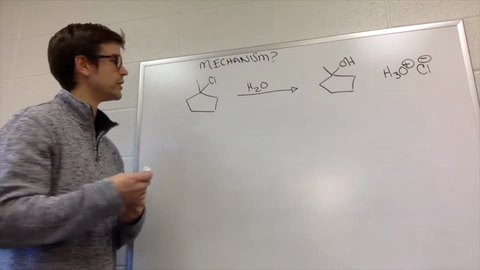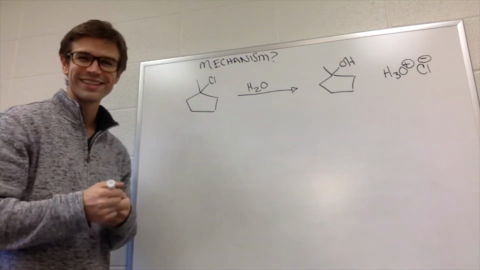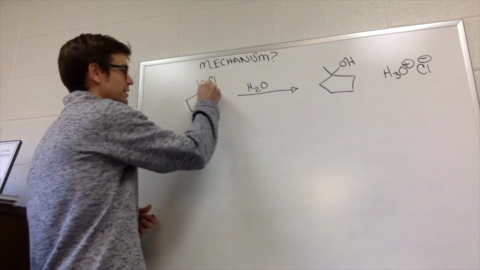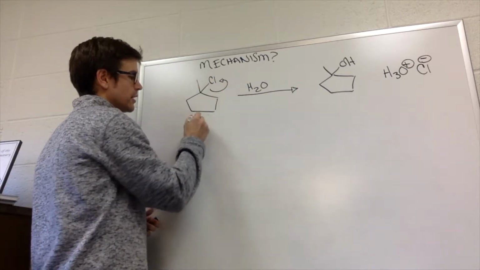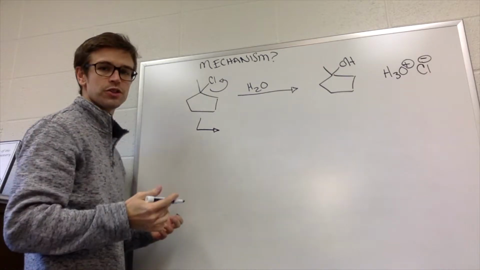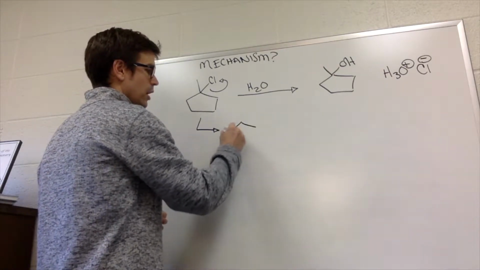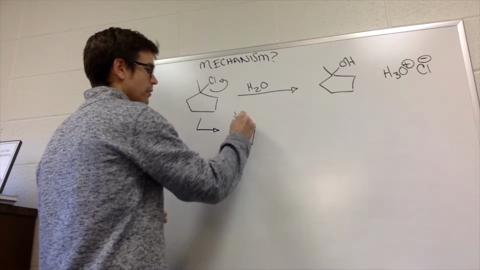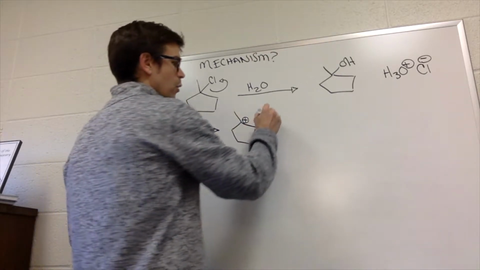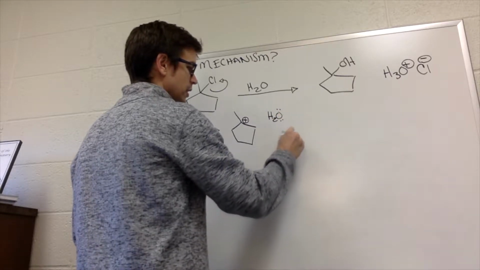You should be able to do this at this point. All right, you're back. Good to see you. All right, so this is an SN1 mechanism. That means the rate determining step is the dissociation, the leaving of our leaving group, Cl minus. When that occurs, we would have a carbocation. What else is in solution is water. That's our solvent, and Cl minus.